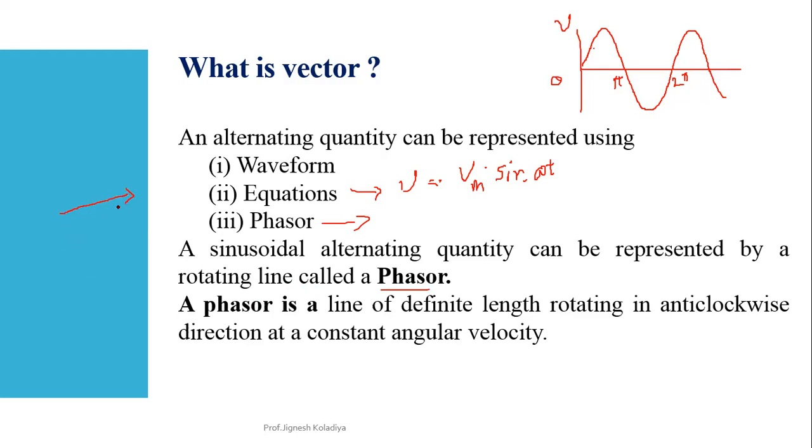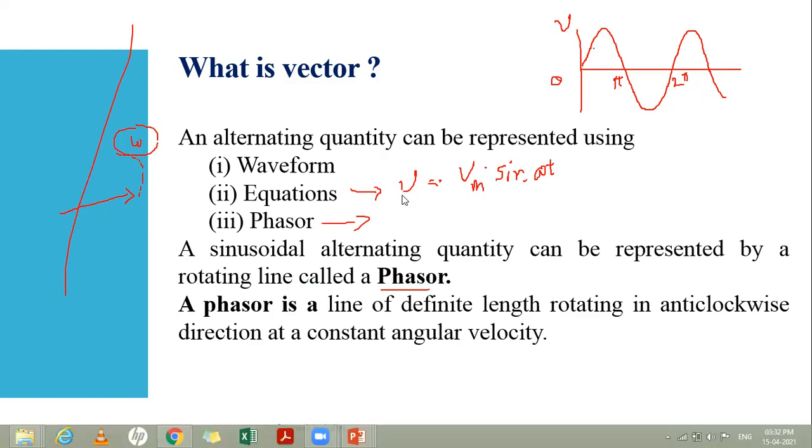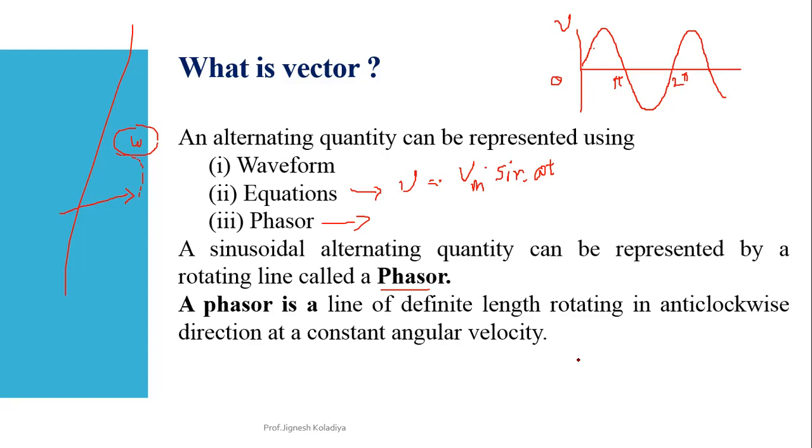But when this vector is rotated either clockwise or anti-clockwise with a particular angular velocity, then it is known as a phasor. So a phasor is a line of definite length which is rotating in anti-clockwise direction at constant angular velocity. Most of the time we take the reference direction as anti-clockwise.